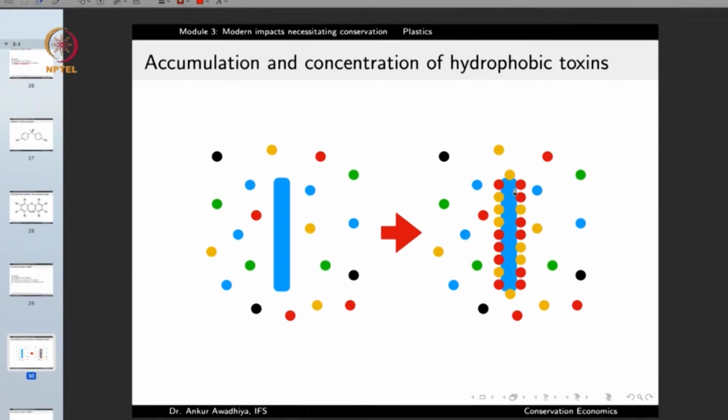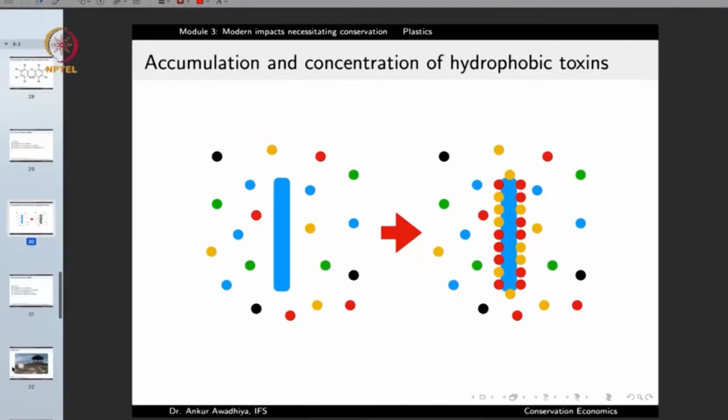Now, once that happens, if you look at this water, it has certain hydrophobic substances, probably toxic substances, but they are there in a low concentration. But if you put this piece of plastic and all these hydrophobic substances come and stick to the surface, it means that now there is a much greater concentration of these toxic substances on the surface of this plastic.